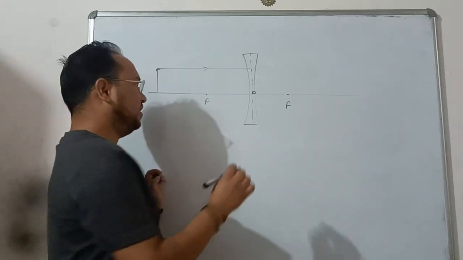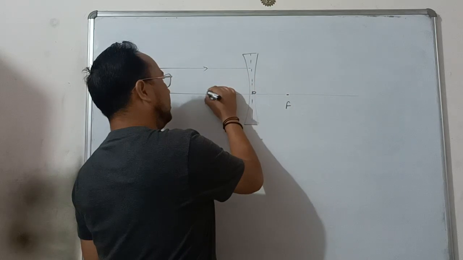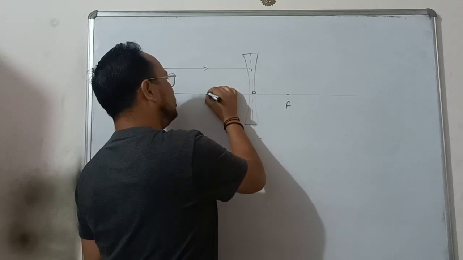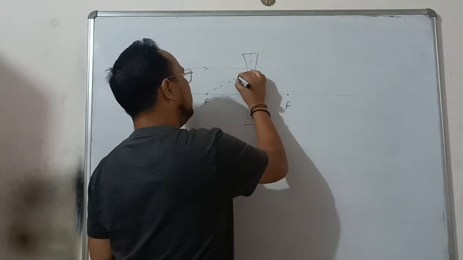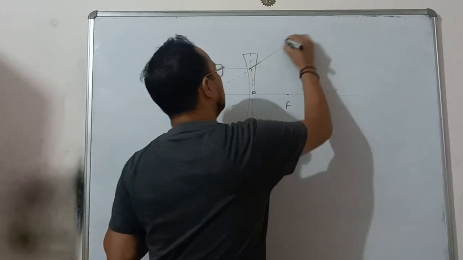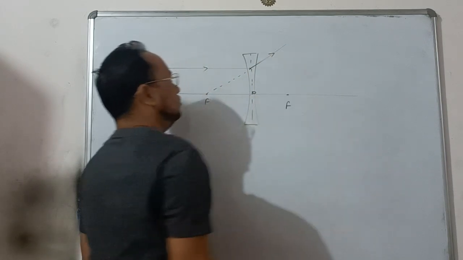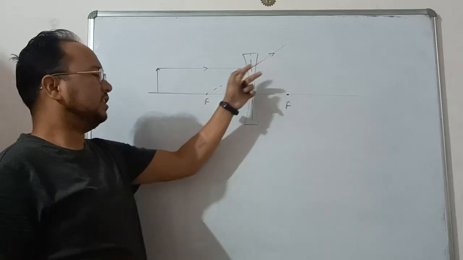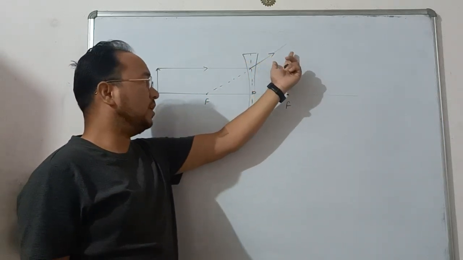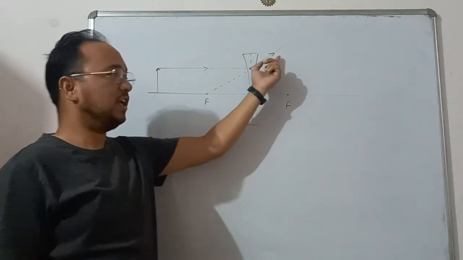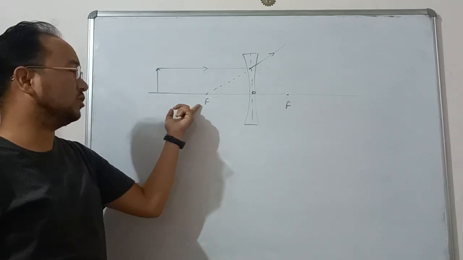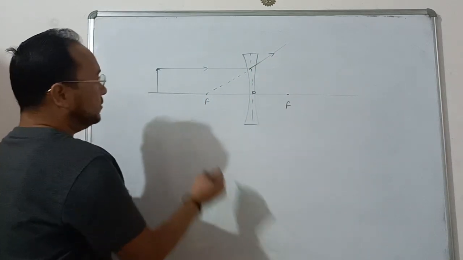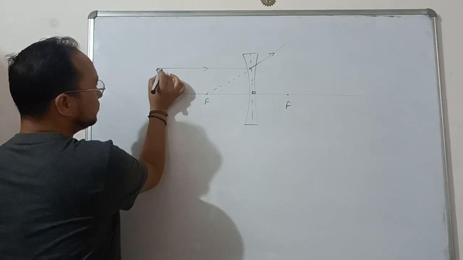So as we discussed in the class, it appears to be diverged from the focus. इस लाइट को diverge करते हैं and it will appear that this refracted ray is diverged from this point, which is called focus.